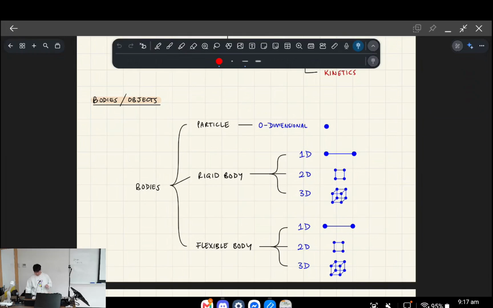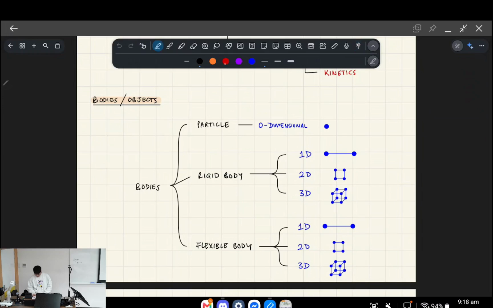The idea is that you can think of physical objects as a body, where you look at it in terms of its dimensionality. A particle is a physical body that you treat as 0-dimensional, so it's a single point in space. A step more complex than that are rigid bodies and flexible bodies.